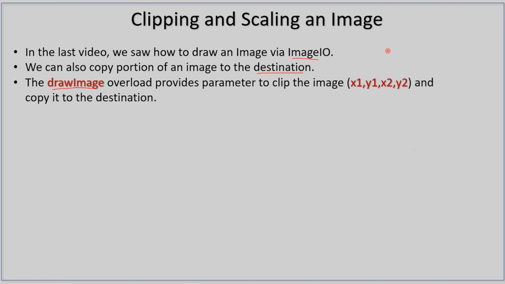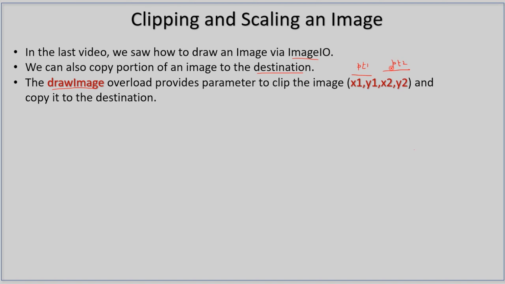So clip image means here we will provide 2 points. So this is PT1 and another one is PT2. So these together perform a clipping of an image. So one we can say is the top left corner, another one is the bottom right corner.